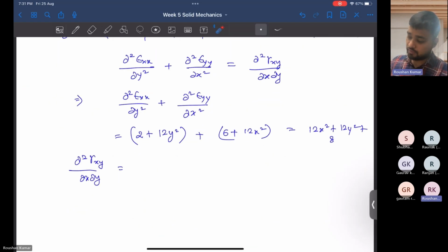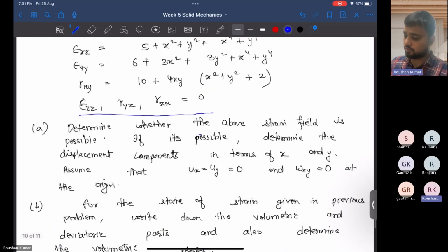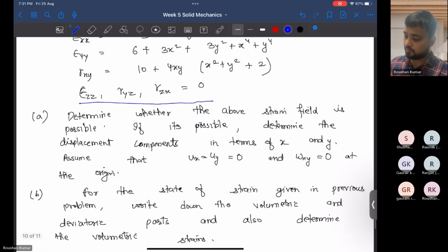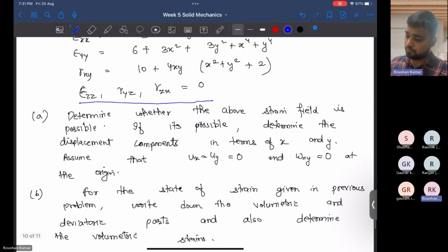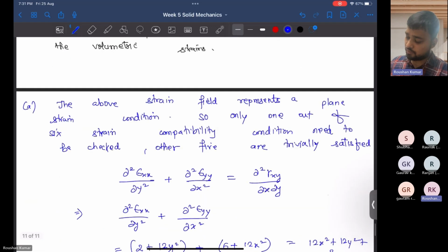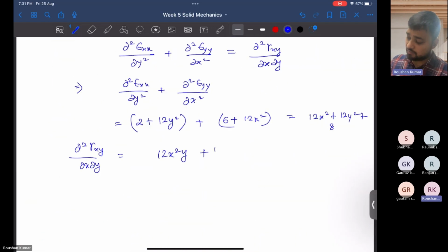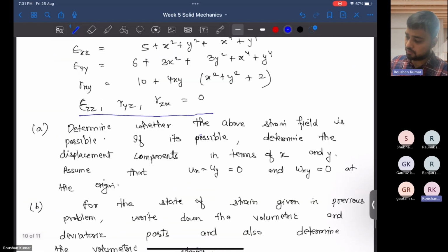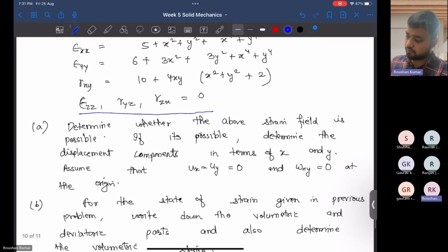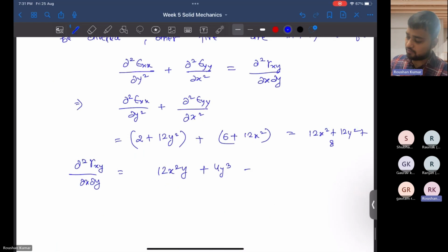So first with respect to x will give 4x³, that means 12x²y plus 4y³ plus 4y³ plus 4y, that means 8y.